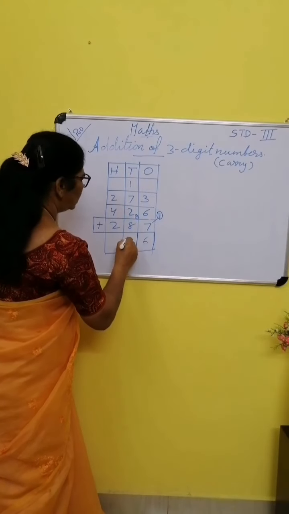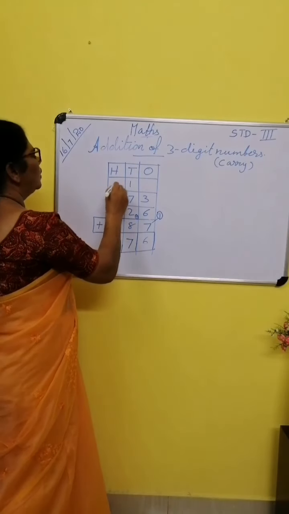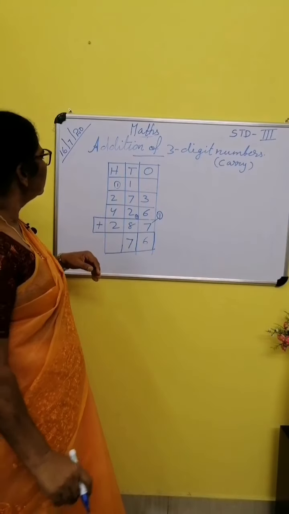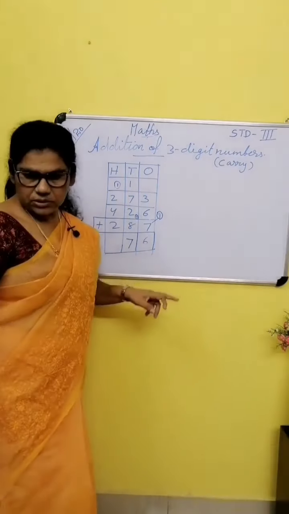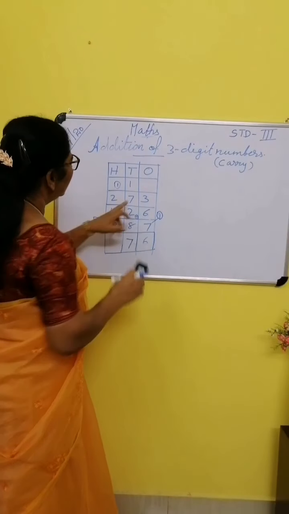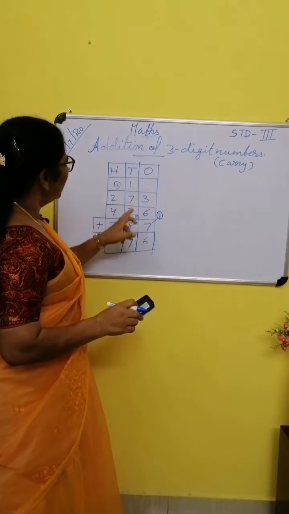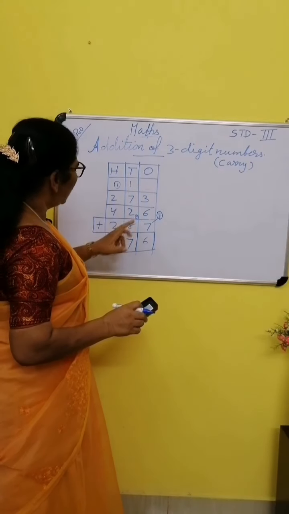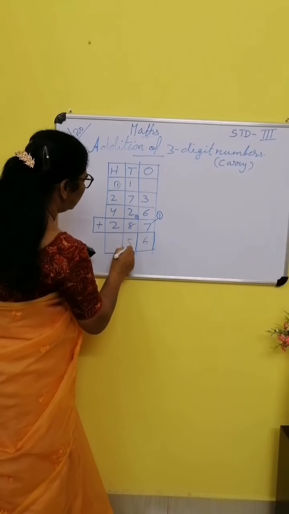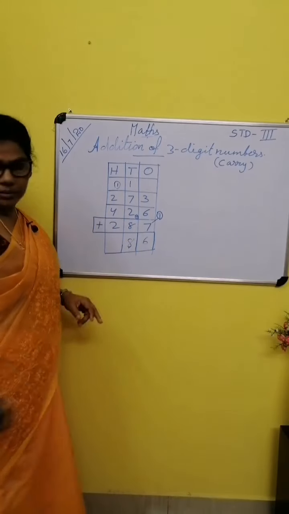You will get 17, 7 will be written, and 1 will go to the next place. No, it is wrong. 7 plus 1 is 8, plus 2 is 10, plus 8 is 18. You will get 18, then 1 remainder.